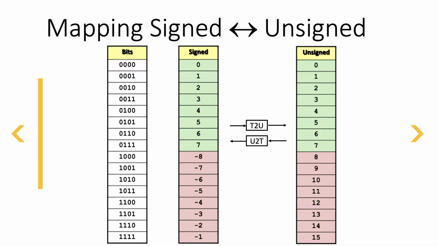As we saw in the last video, signed versus unsigned, the bit representations pretty much stay the same. So if I want to convert from a -8 signed, I still just keep the bit pattern 1000. In unsigned, that just translates to 8. -7, 1001, if I just interpret that as unsigned, becomes a 9.